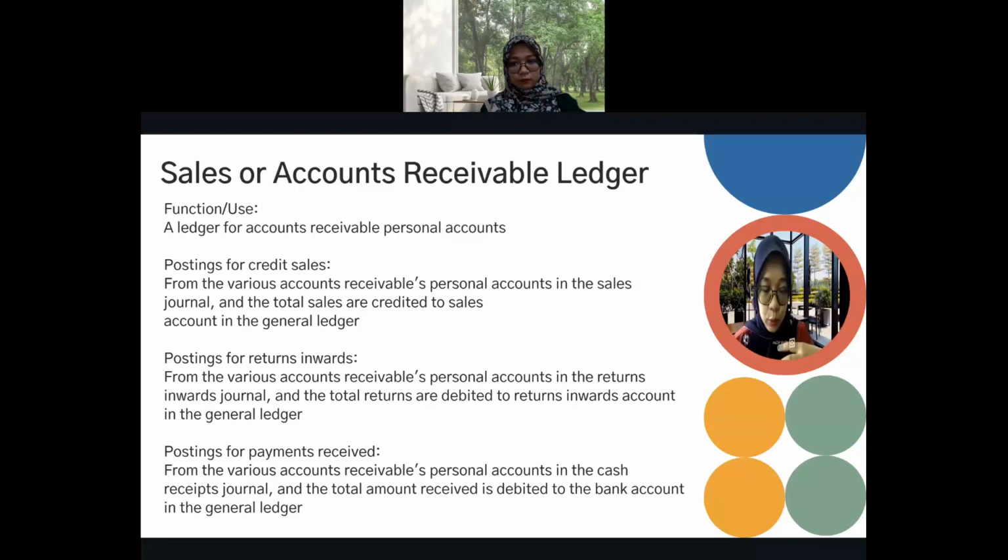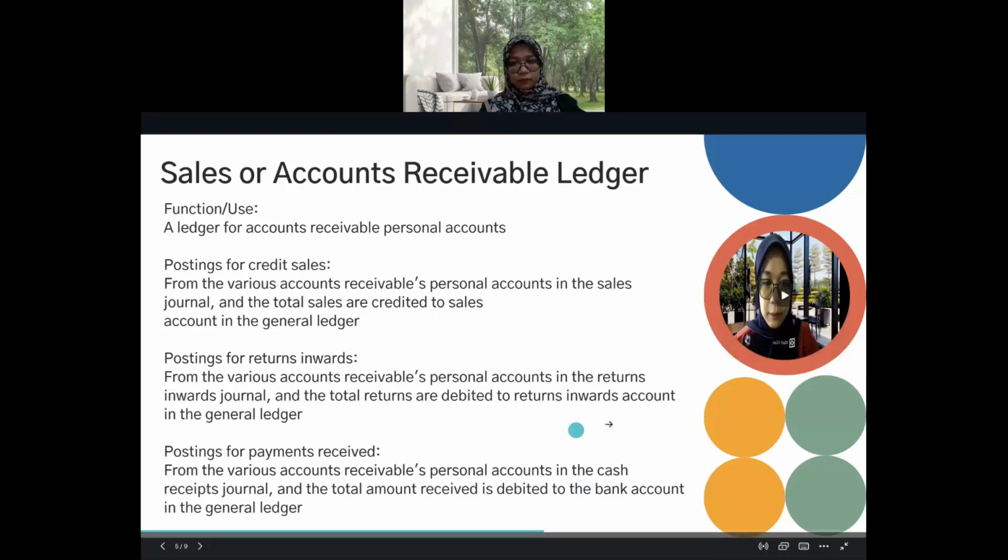We record it to contrast the credit sale entry: debit sale or debit return inwards, and credit account receivable. When the customer pays us, we record debit cash or bank and credit account receivable.